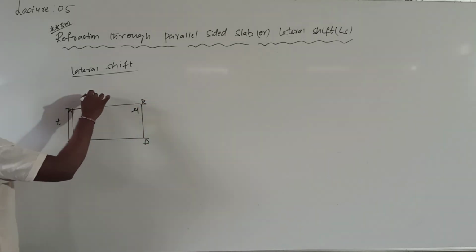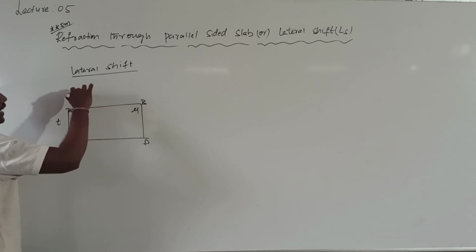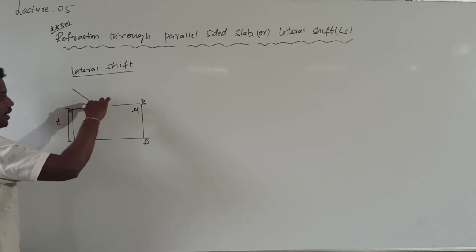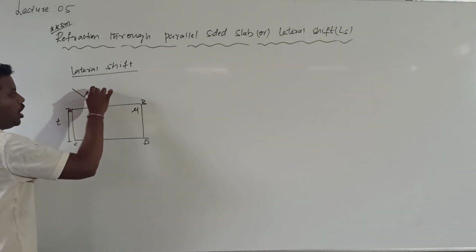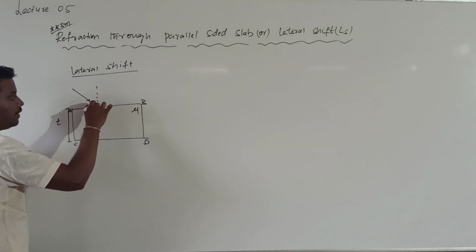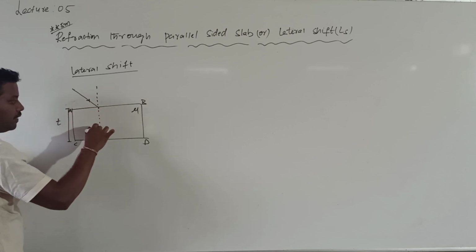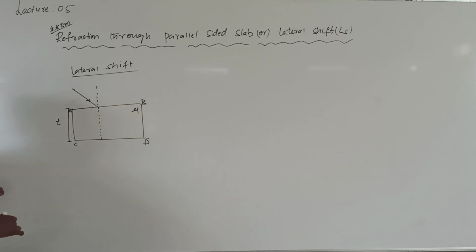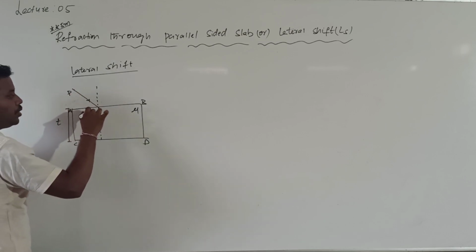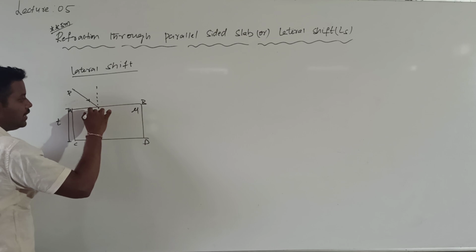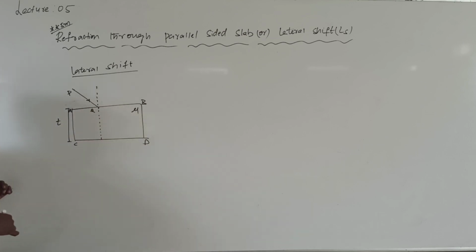Now let me consider one light ray incident on this side AB. This is my incident ray. So let me draw the normal to AB. Diagram, listen carefully. Let us call the incident ray PQ. What is the incident ray name? PQ.